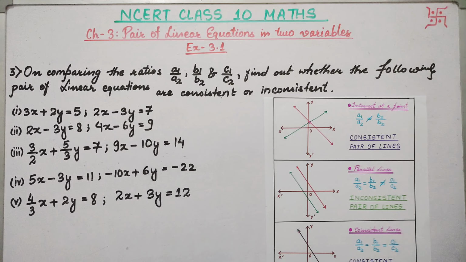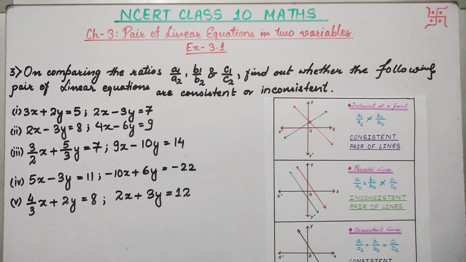For equation 1, we have 3x plus 2y equals to 5. Let us take this as equation 1, this as equation 2. Let us take 5 to the left hand side, which will give us 3x plus 2y minus 5 equals to 0. Now here we have a1 equals to 3, b1 equals to 2 and c1 equals to minus 5.